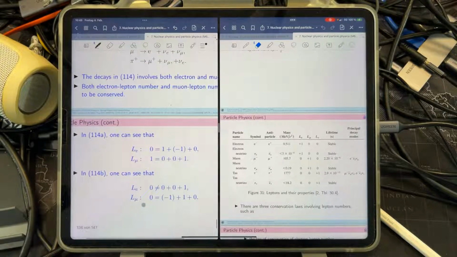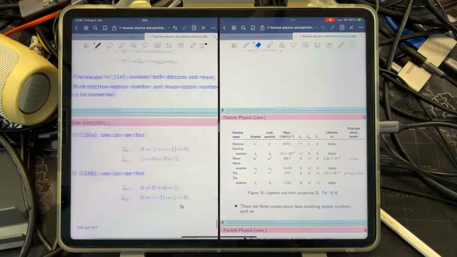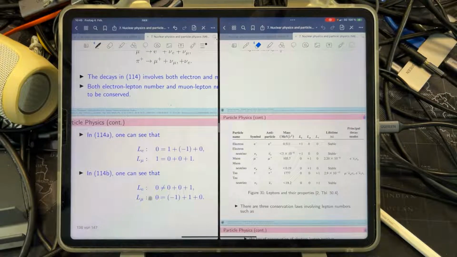And let's check whether this equation is valid or not. You can see the 0 on the left hand side, and on the right hand side we have -1, +1 and 0, so it turns out to be 0. So 0 equal to 0 would be perfect, right? It would be all right.